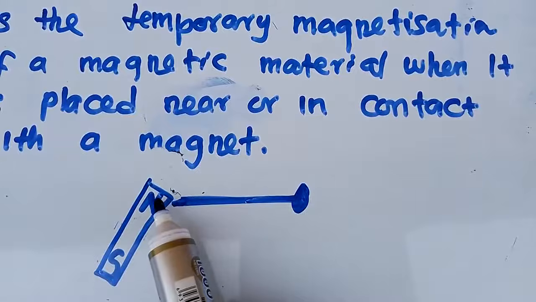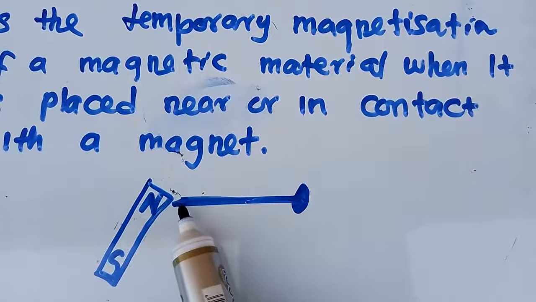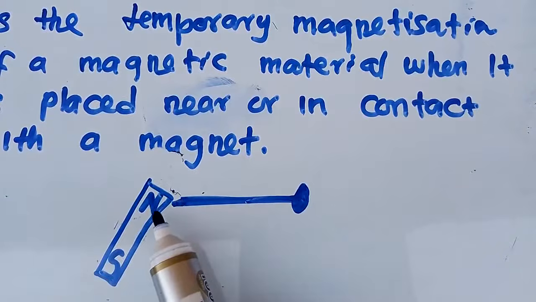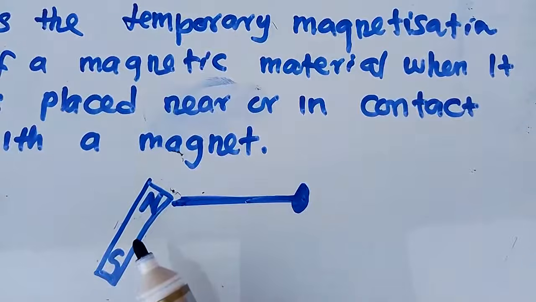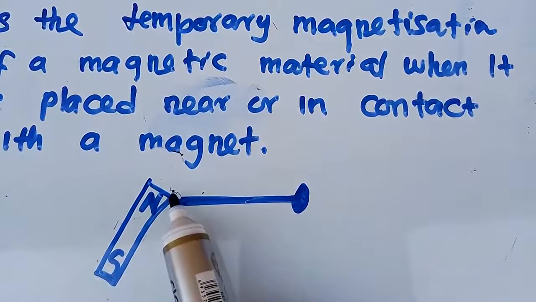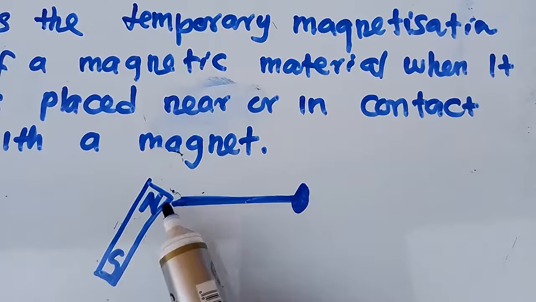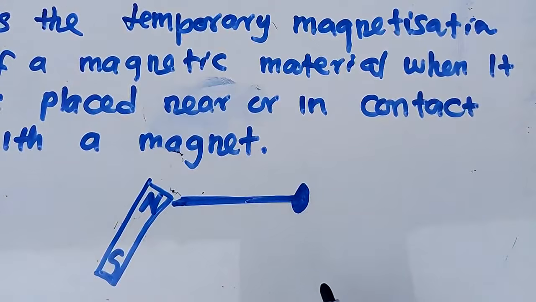So when it is brought near the north pole, the end of this nail becomes an induced south pole. It becomes the opposite. Then the other end will become the induced north pole.